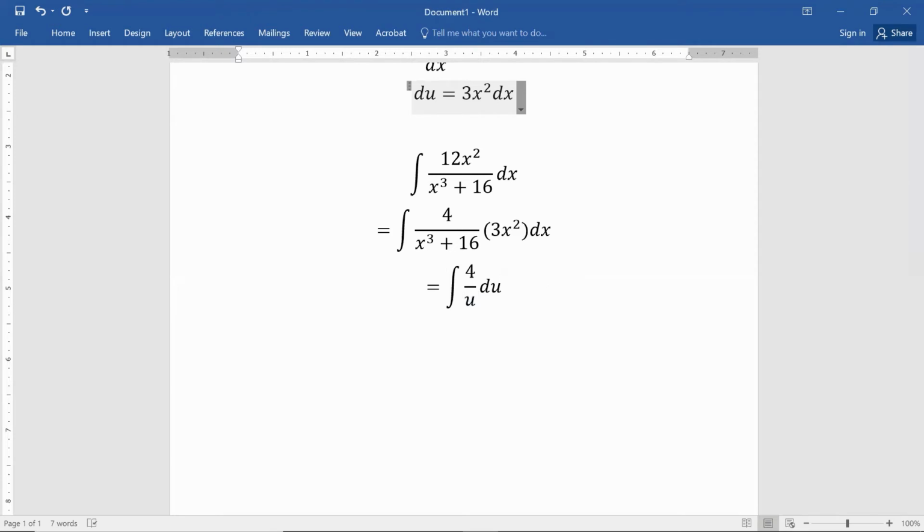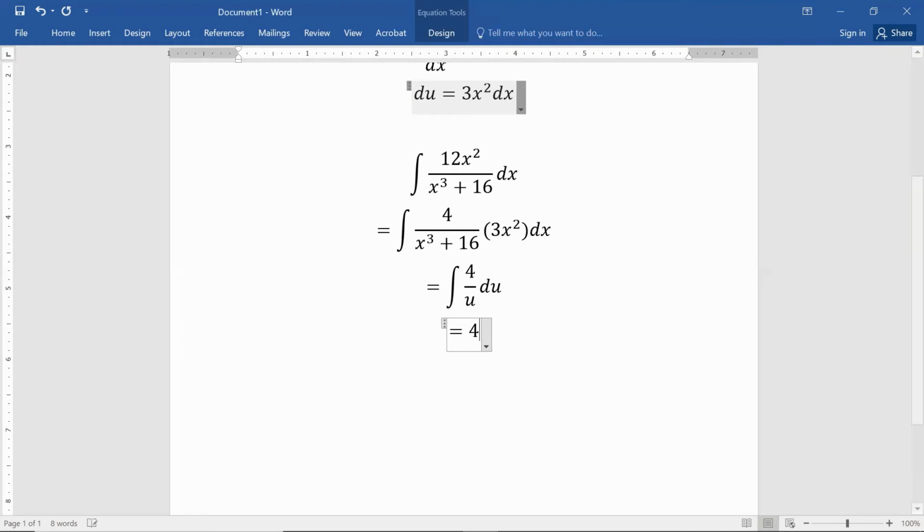This is why I didn't want to put a -1 as my exponent, because I kind of knew it was going to end up looking like this. Anytime you have divided by u, you want to utilize natural log, again, divided by u to the first.